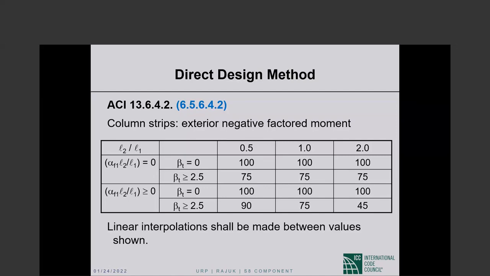So, exterior negative factored moment. If there is no column line beam, alpha sub f1 is 0, and beta sub t, which I have not explained yet, I will. If beta sub t is equal to 0, that means there is no torsional member, there is no edge beam. Then 100% of the exterior negative factored moment goes to the column strip.